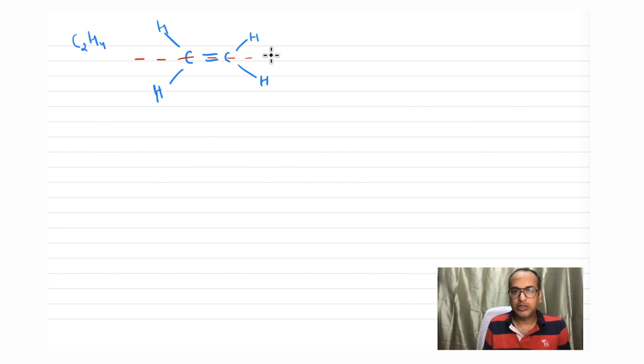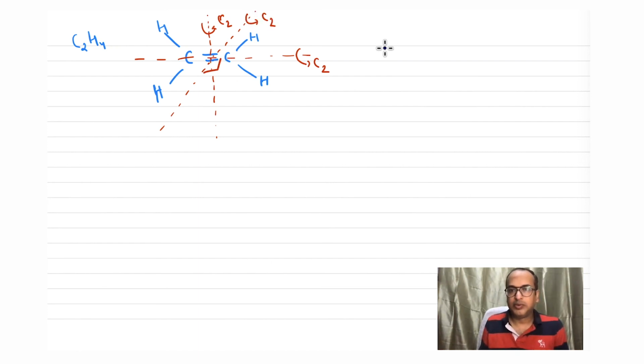It's passing through the CC bond, C2. Another is bisecting the CC double bond. And the third one is actually perpendicular to the plane of the board and through this bond, right? So I'm drawing it like this, which is actually perpendicular to the surface. So this is the third C2 axis. So there will be 3 C2s. All 3 will be perpendicular to each other.